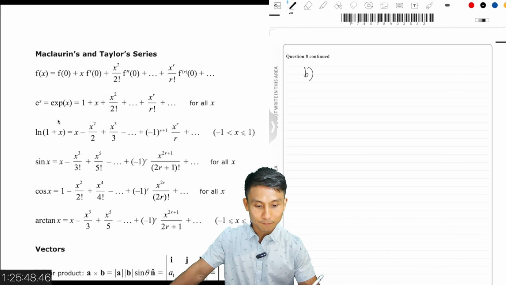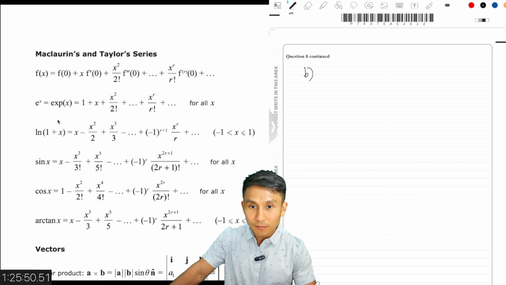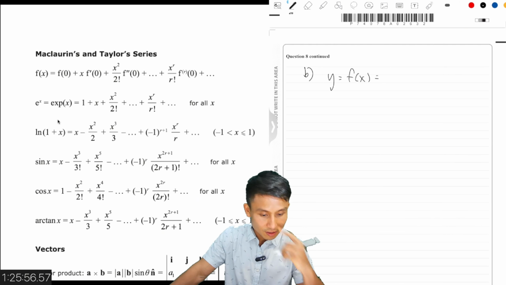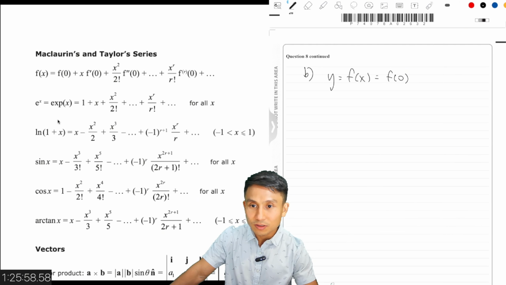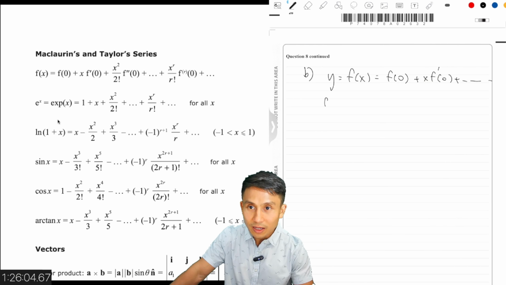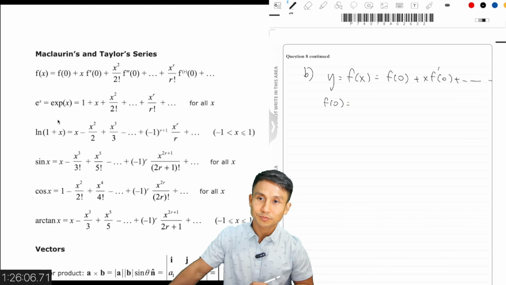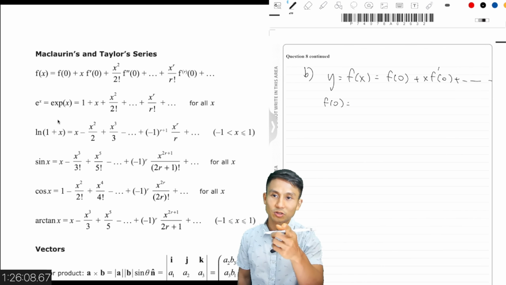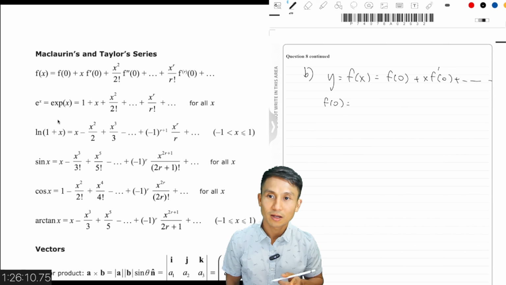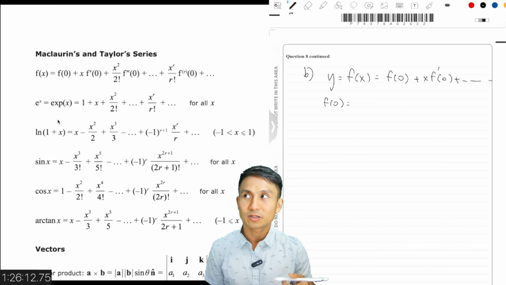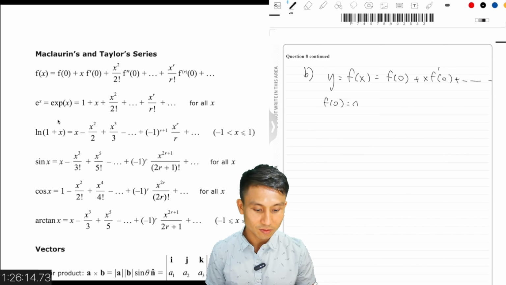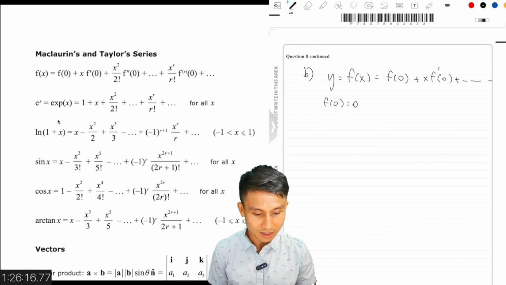Okay, so y equals f(x) equals f(0) plus x f dash 0, plus blah, blah, blah, right? So f(0), just plug in the y there. Cos 0 is 1, sinh 0 is 0, so that's 0. Okay, so that's not counting.